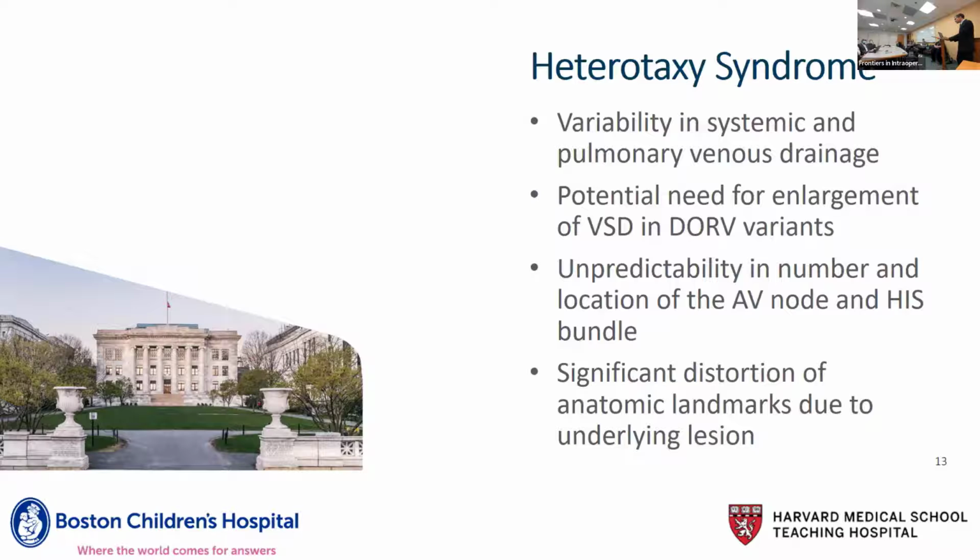And there's unpredictability in the number of AV nodes, the location of the AV node, and the His bundle. And obviously, there's significant distortion of these fiducials we rely on based on underlying lesions. Say a left SVC to a dilated coronary sinus. Now suddenly it's disordered the triangle of Koch as we think about it and where the AV node would be.